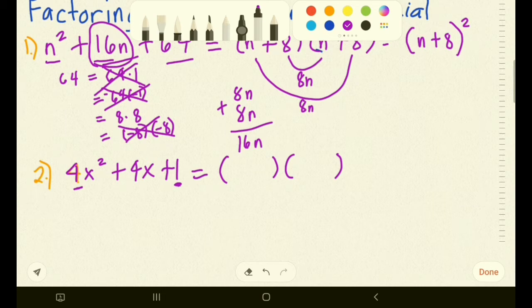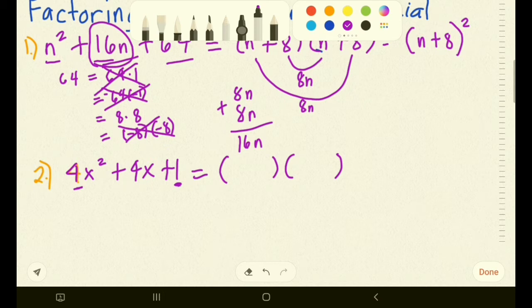So again, when you encounter trinomials wherein the first or the last term is not a prime number, specifically the numerical coefficient, better you start with the other term, which is either the first or last term.